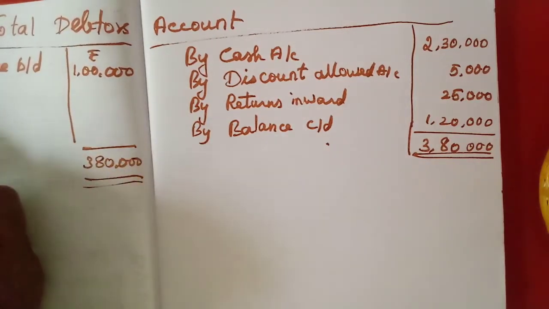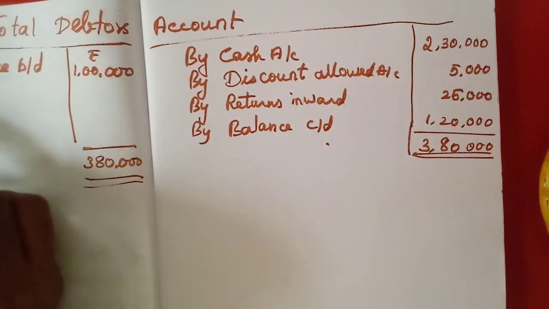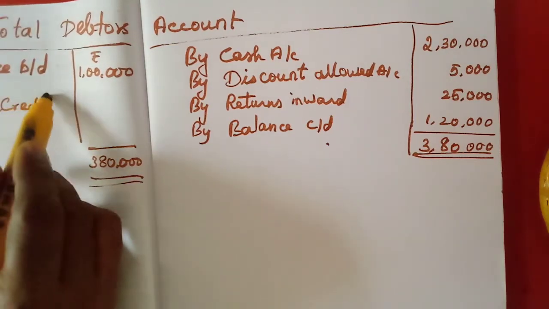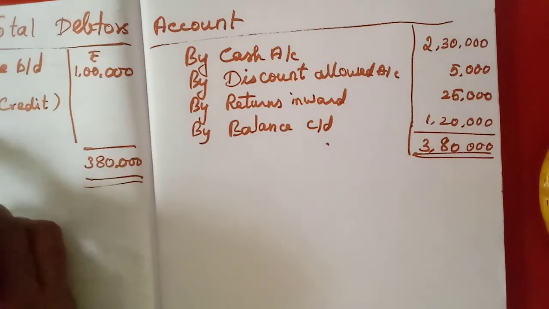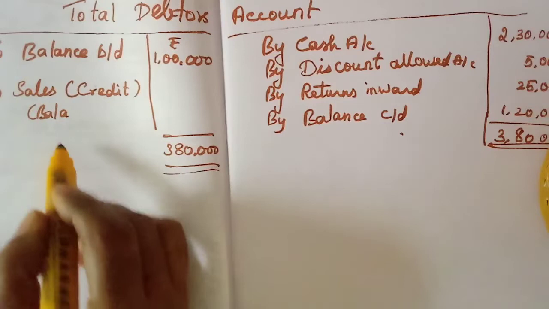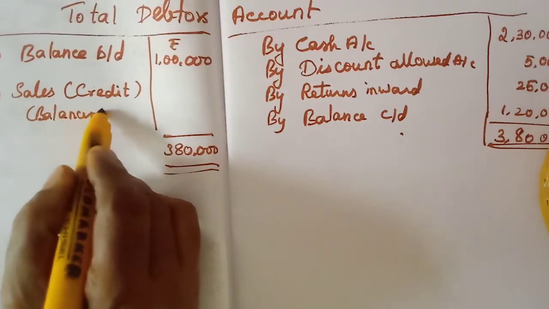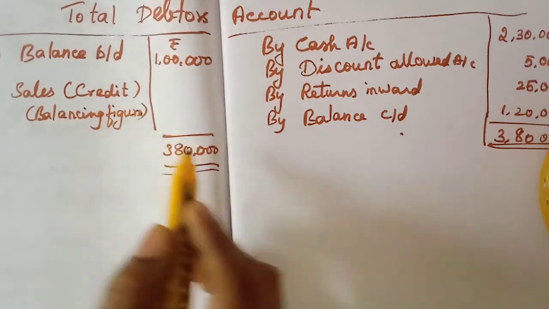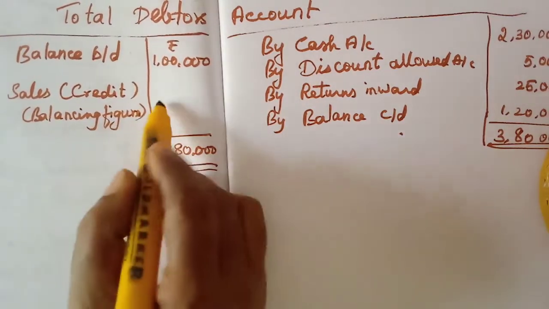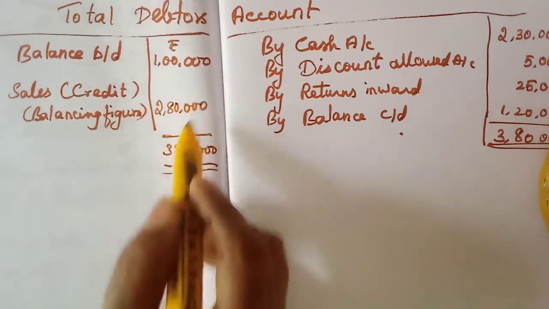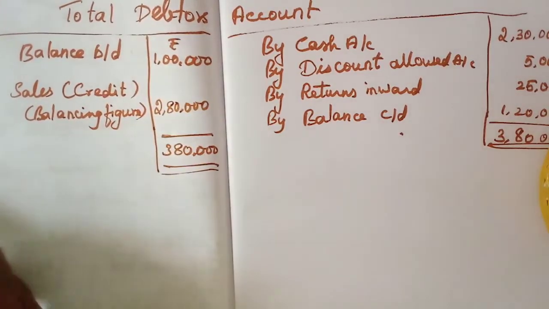Then to sales, bracket we should write credit. Then balancing figure. Okay. Here 1 lakh, so 2,80,000. Okay. So one problem over.